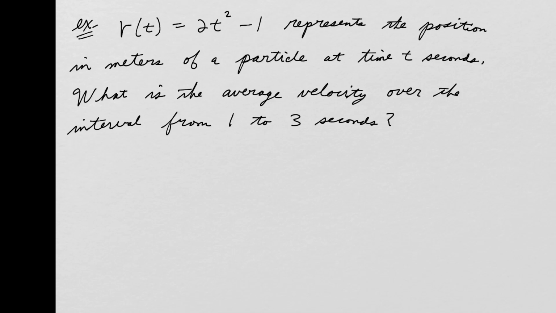Okay, so I'll give you a hint because you have to know a little bit of physics here. So here's the hint. The average velocity is equal to the average rate of change of position.